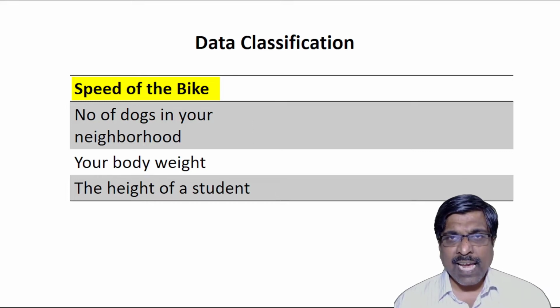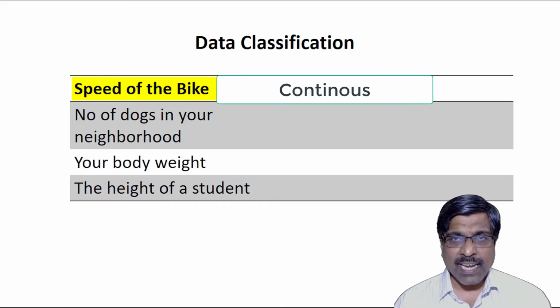Then the speed gradually increases, say 12 kilometers per hour, 12.5 kilometers per hour. So over a given period of time and distance, I will have multiple speeds per hour. This kind of data is called continuous data because I've got continuous numbers.